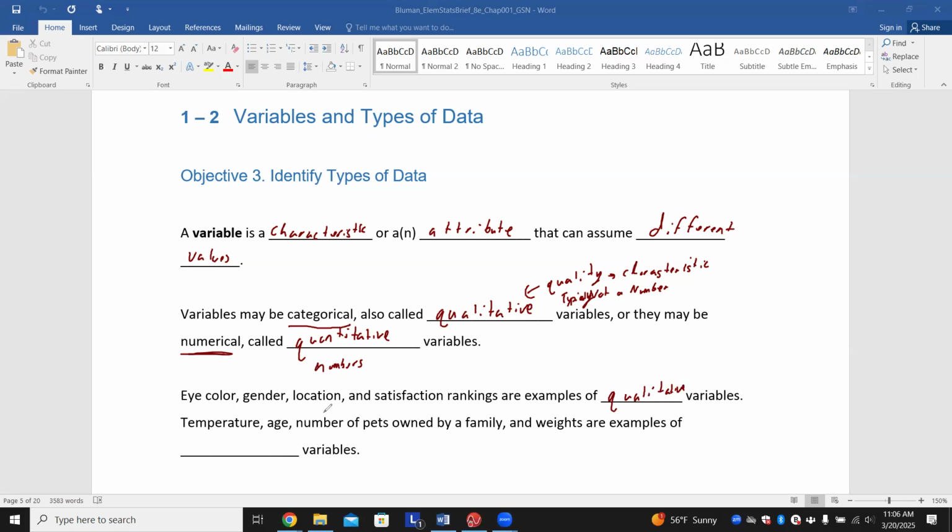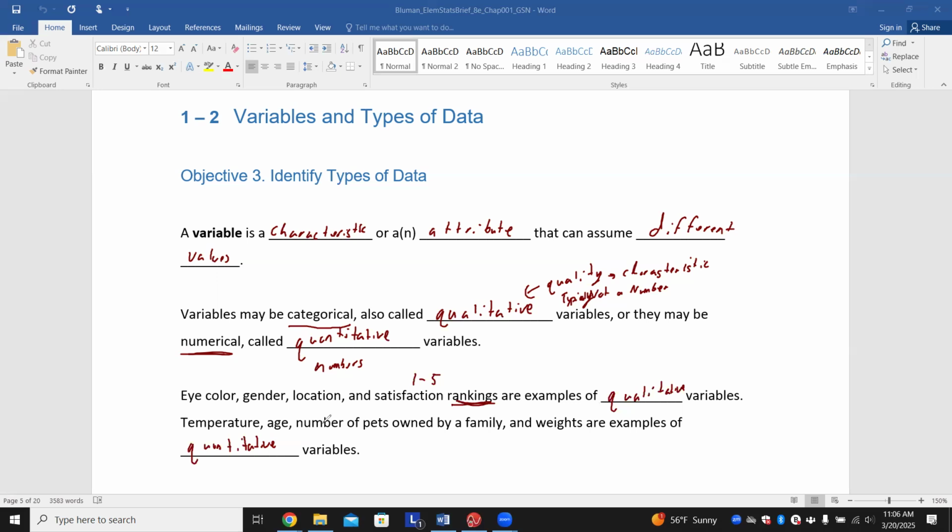Temperature, age, number of pets owned by a family, weights are all examples of quantitative variables. So notice the difference here. And watch out for the satisfaction rating, because a lot of times you can do 1 through 5. Those are numbers, but those numbers represent a ranking.